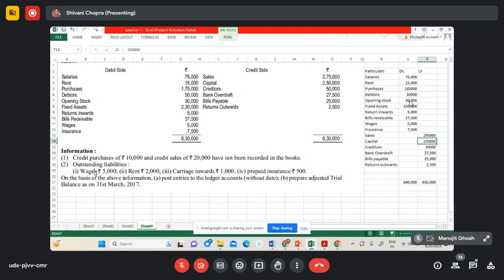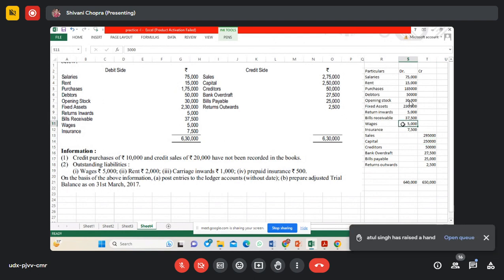We need to record these as well. What is outstanding liability? And sundry creditor and debtor balance also increase.